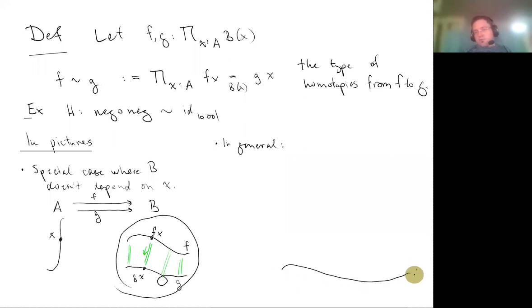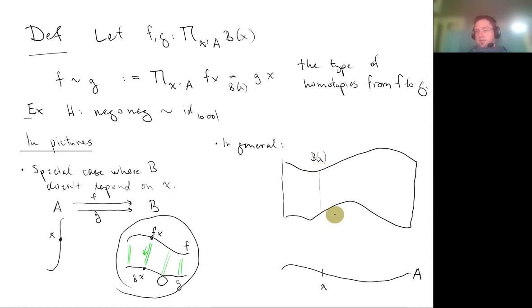Again, we draw the base, usually some sort of line segment, and then a dependent function is some family of types that changes as we run along A. So here, for every X, I get this type of elements that lie over X. So B of X contains all the Y's that lie on this line here.